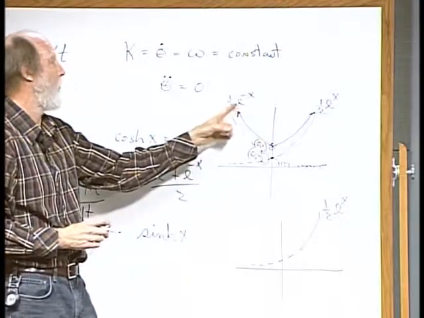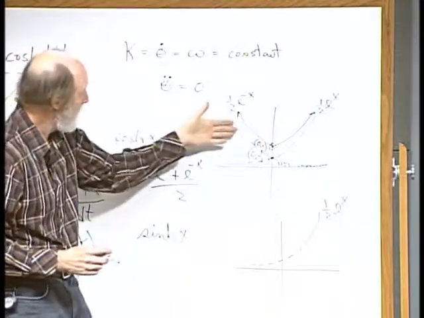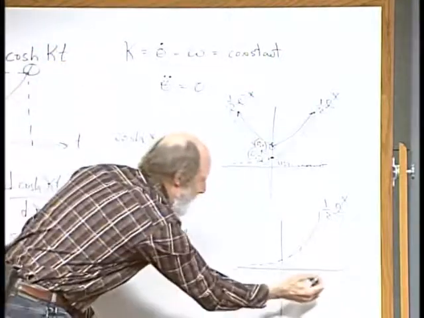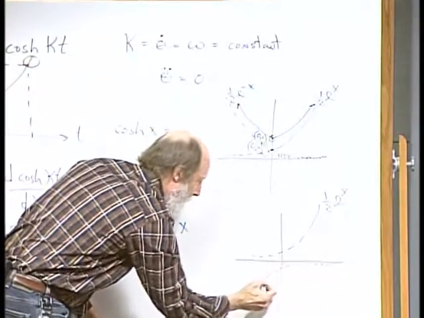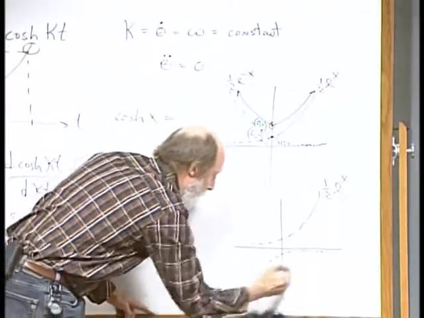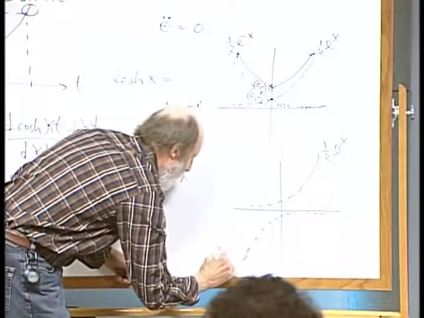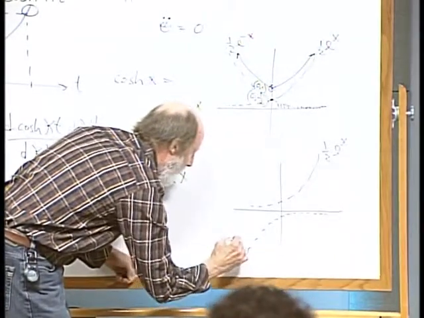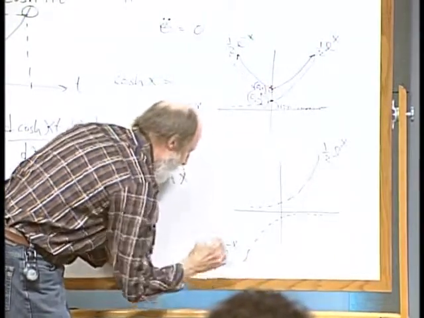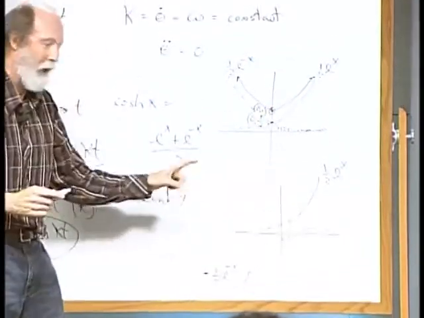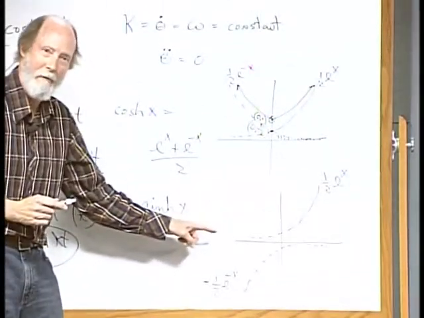If I turn this 1/2 e to the minus x upside down, then it lays in like this, and that graph is your 1/2 of e to the minus x with a negative in front of it. Now imagine you're adding those things together.